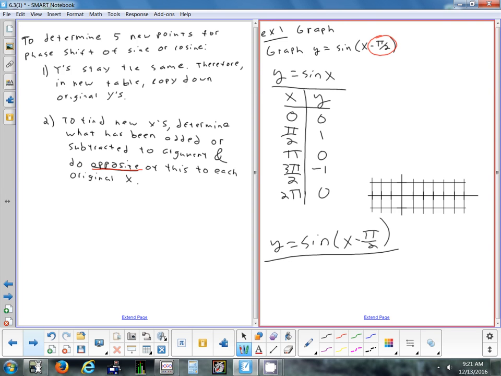Geometrically, is it going to stretch it? No, this isn't a vertical stretch. What's the one that we're studying right now?